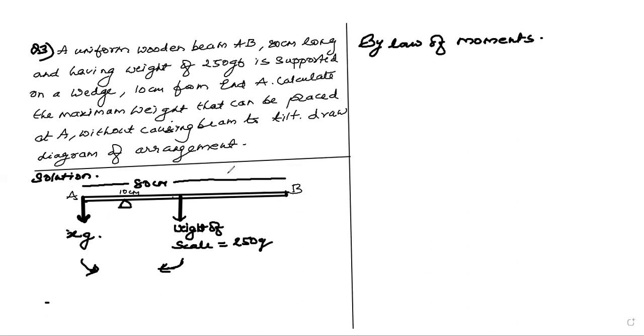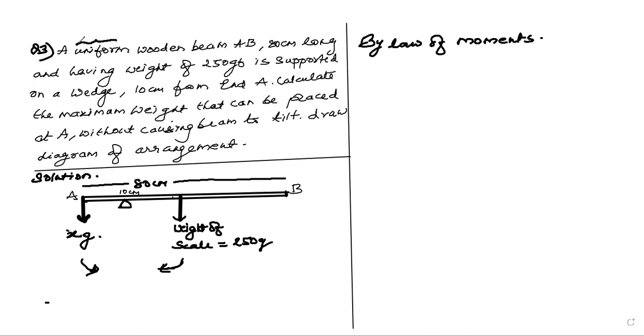So I've drawn this beam AB. Can you see here a beam AB? This is end A and this is end B. The length of this beam is 80 centimeter. It is uniform.